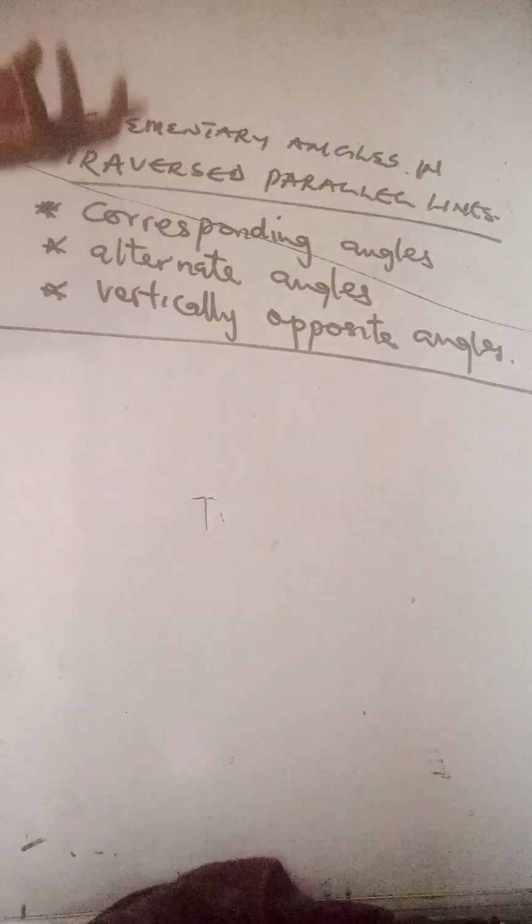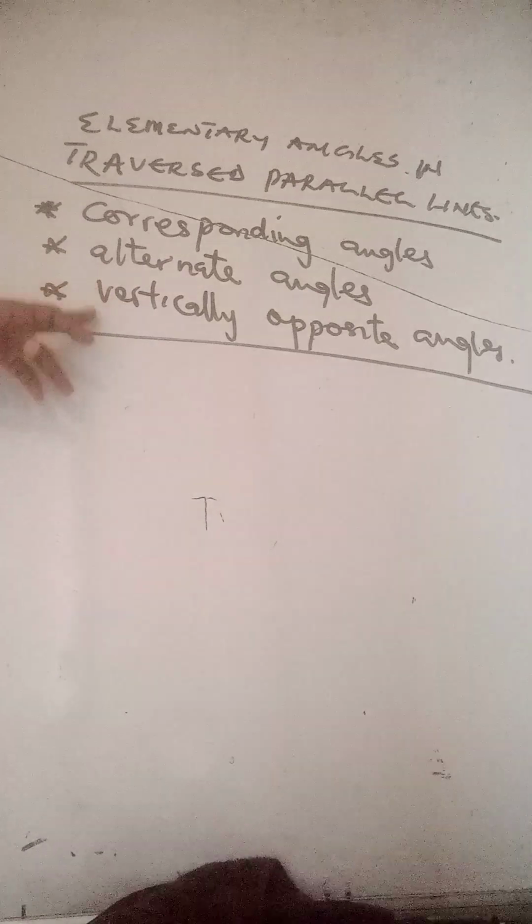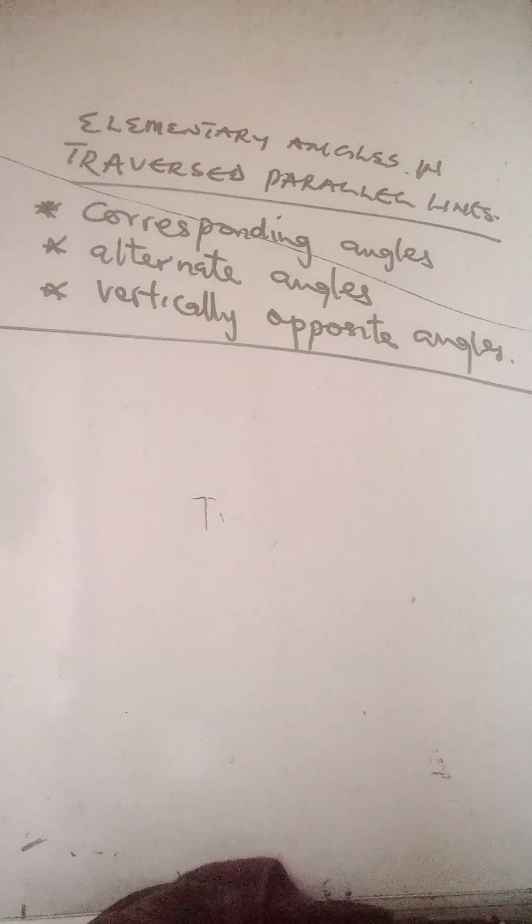What are those angles that we can see in traversed parallel lines? We can find corresponding angles, we can find alternate angles, we can find vertically opposite angles. Now, how do we get all this from traversed parallel lines? Check this diagram I want to draw on the board.